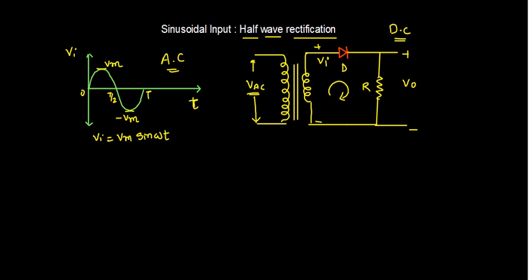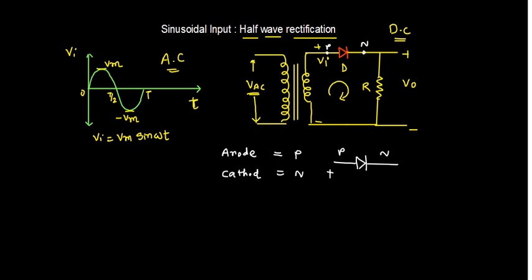As we are aware, this is the positive P terminal and this is the negative N terminal, or you can say the anode terminal of the diode is nothing but P, and the cathode terminal of the diode is nothing but N. So here in our case, this P and N, over here there is some plus supply.